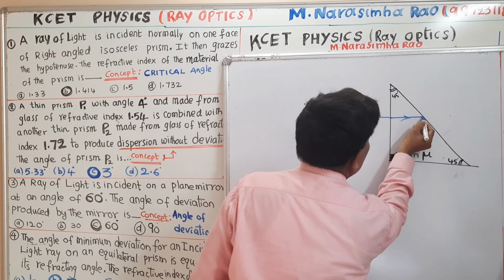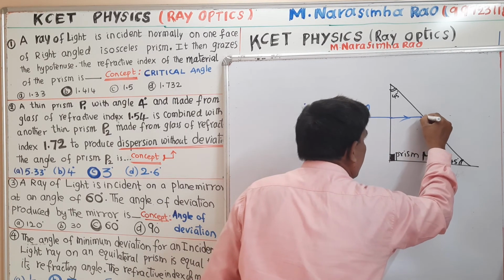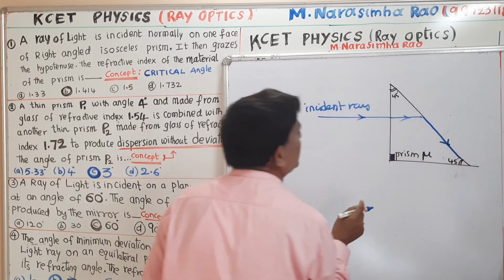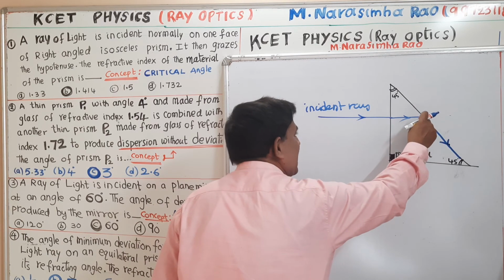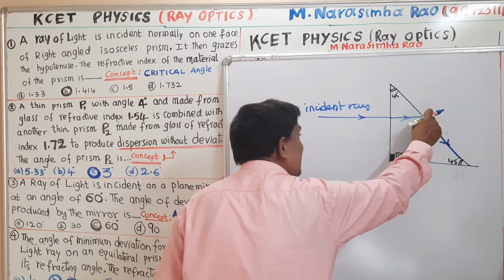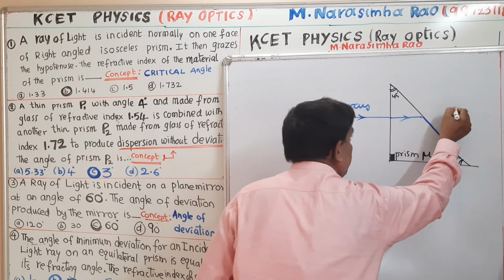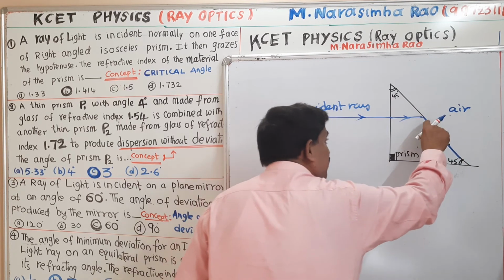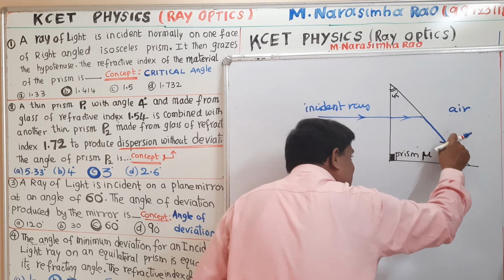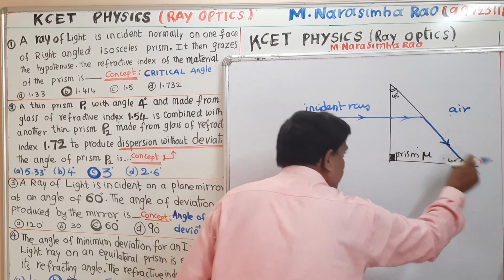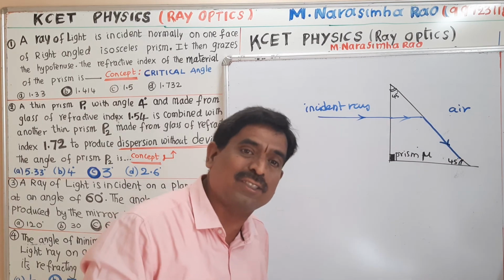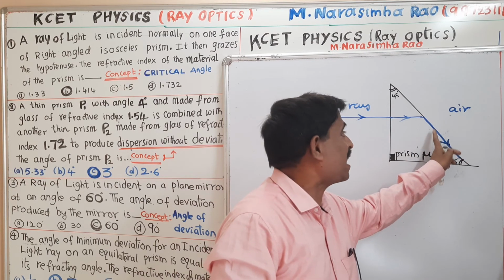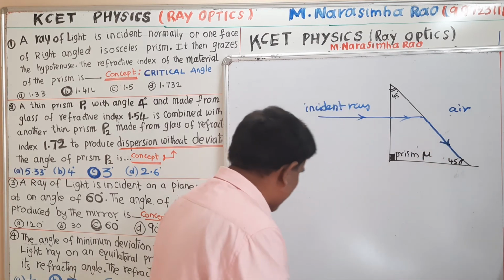Afterwards, this light ray grazes the hypotenuse of the prism. Grazes means what? This refracted light ray is touching both the air medium and the glass medium, grazing the hypotenuse.